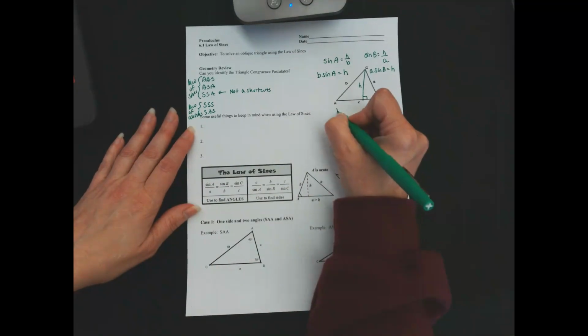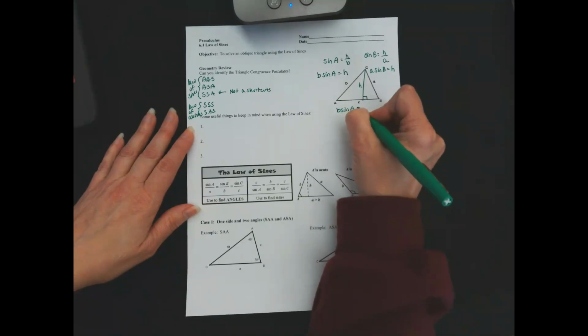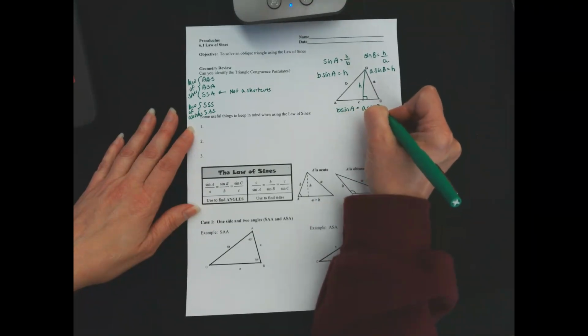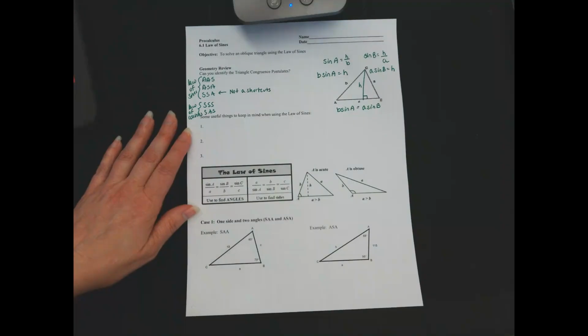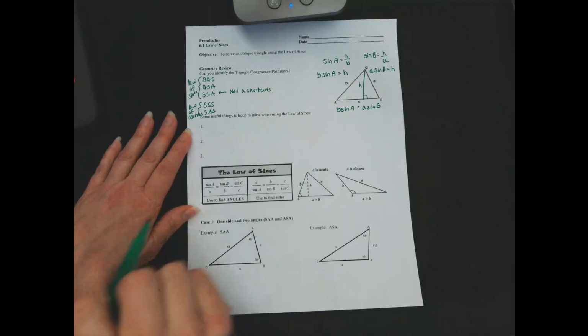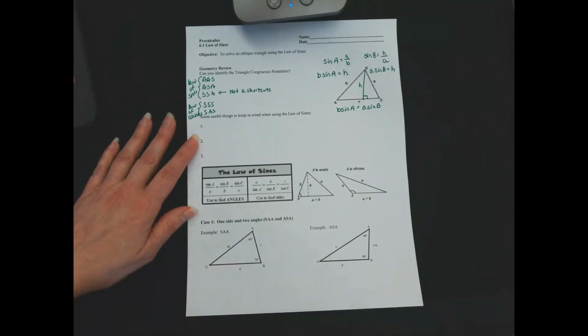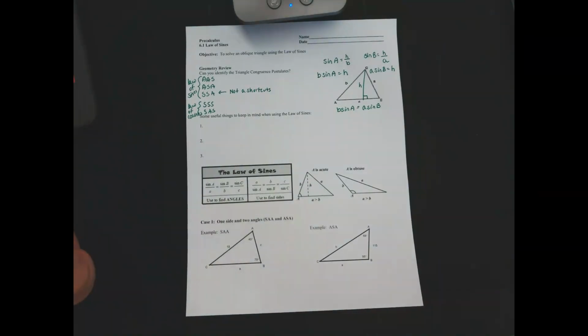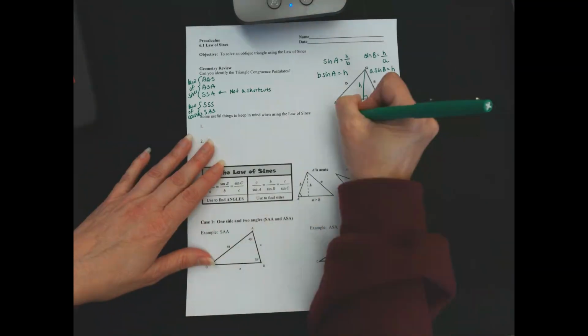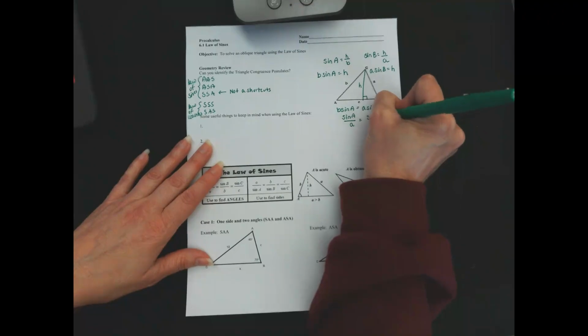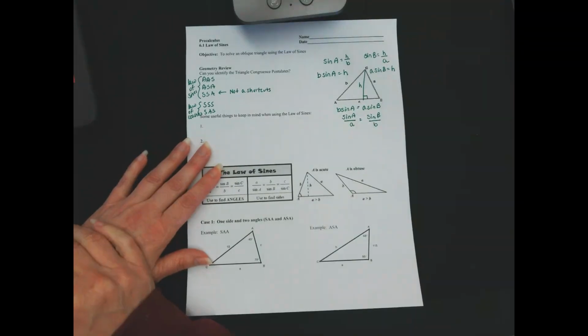So B times the sine of A is equal to A times the sine of B. Then we can divide both sides by sine of A and sine of B, or by side B and side A, and we end up with the sine of A over side A equal to the sine of B over side B. And if we drop another altitude to get angle C in there, you would also end up with sine of C over side C.